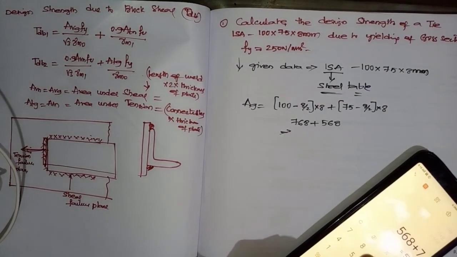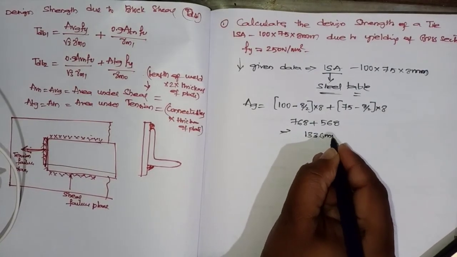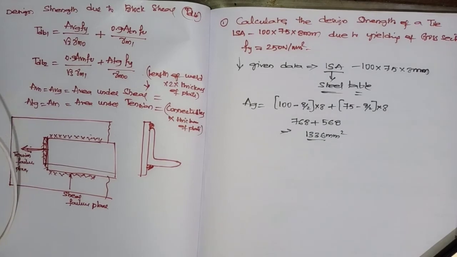Plus 768, how much are you getting? 1336 mm square. This is the gross area.